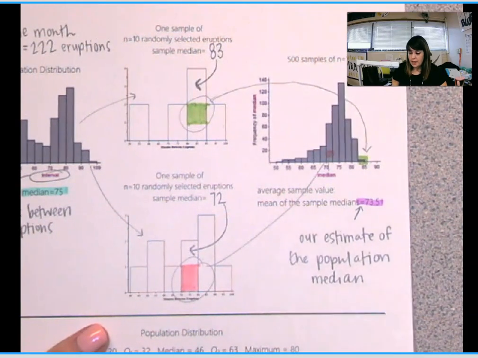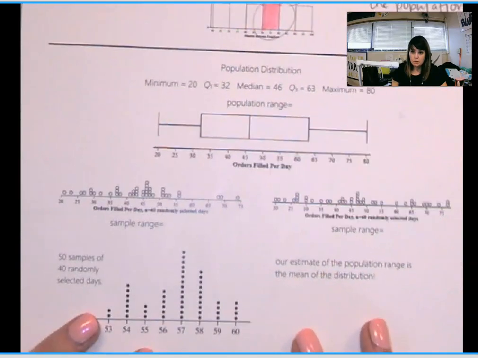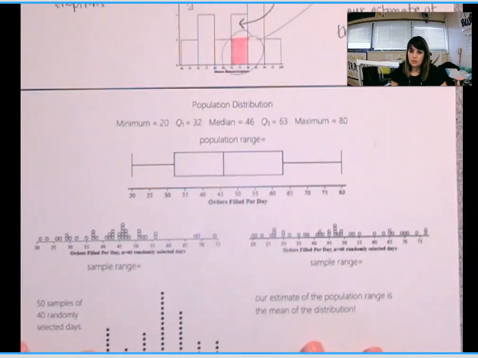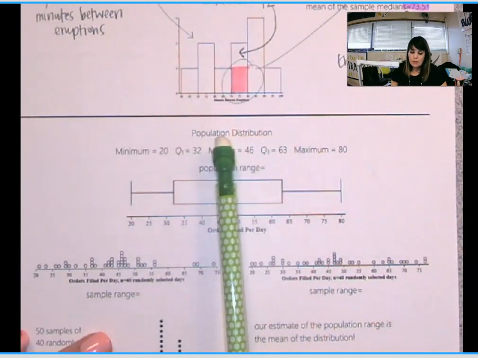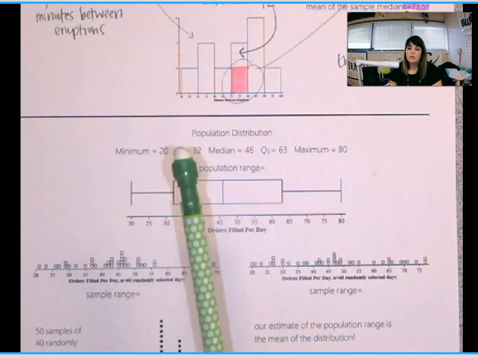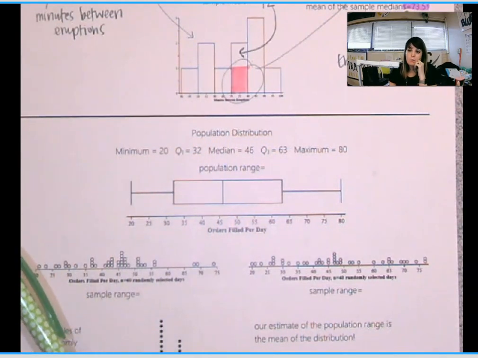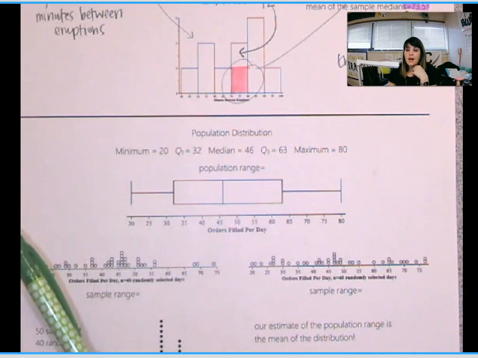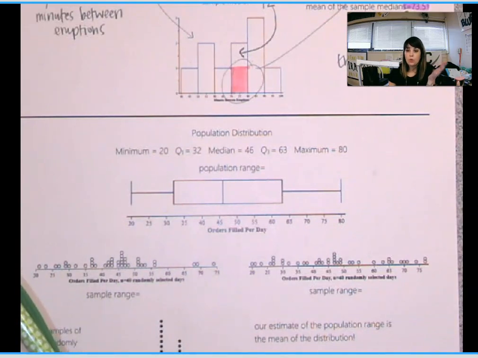Okay, one more example, and then we're done with the foundation of this unit. So once again, we start with a population distribution. This is the online company that is trying to estimate the range of orders filled in a day. So they look at years worth of orders.